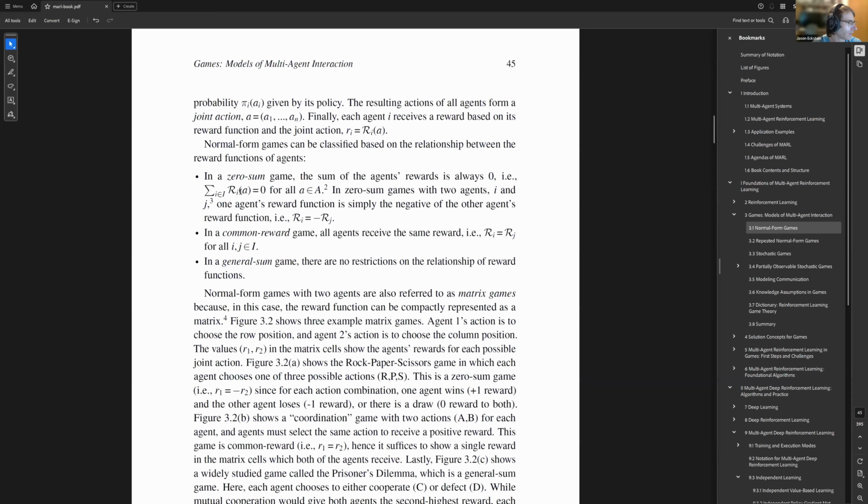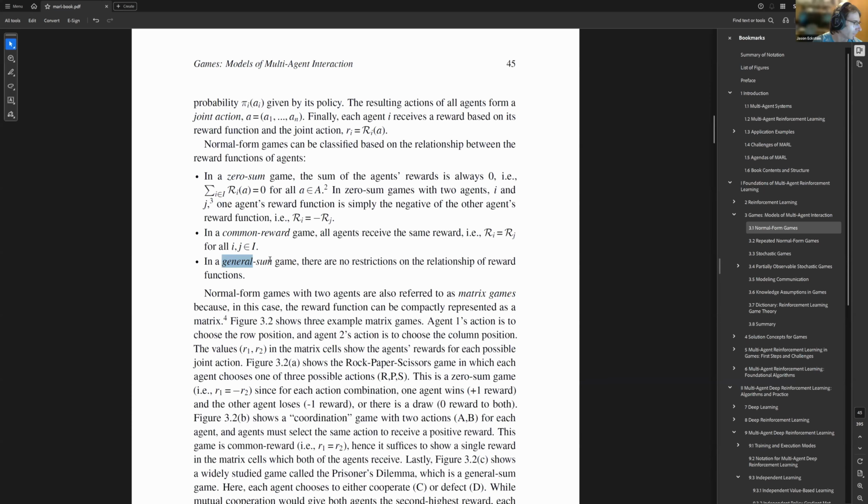These are games where the sum of rewards across all the agents is always zero. Now, another simplification, but these types of games are not reducible to single agent problems because they are fundamentally about how the agents compete against each other.